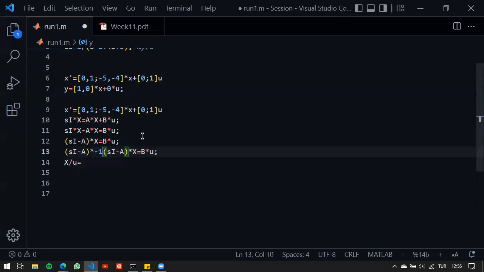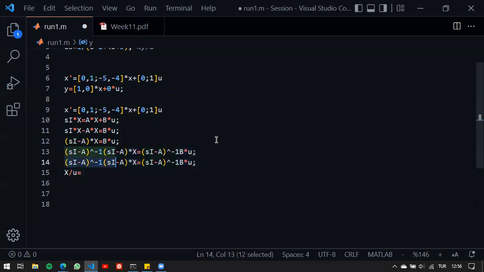For example, I want to calculate the relation between x and u. Therefore, I'm multiplying with the inverse of the matrix from the left. So I'm basically doing the same on the right-hand side. And this should give me an identity matrix. Therefore, I'll get rid of this part and I get x. If I divide it by u, I'll get basically what I want. And this would be then the result.